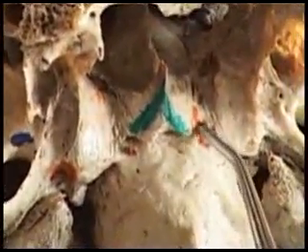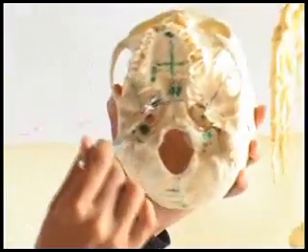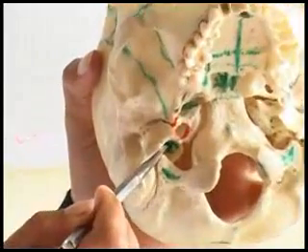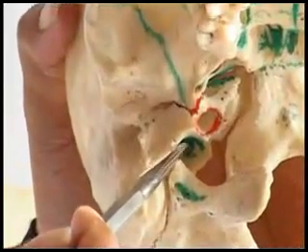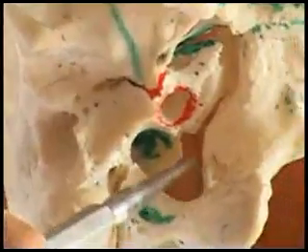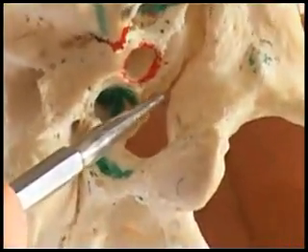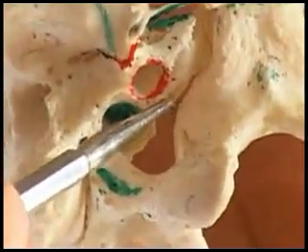Then there is the jugular fossa, whose posterior part contains the beginning of the internal jugular vein, and anterior to that there is the exit of the 11th, 10th and 9th nerves.